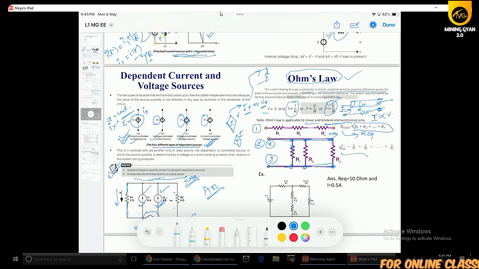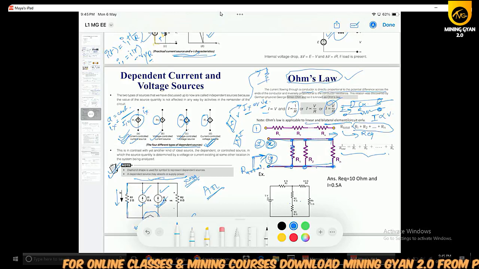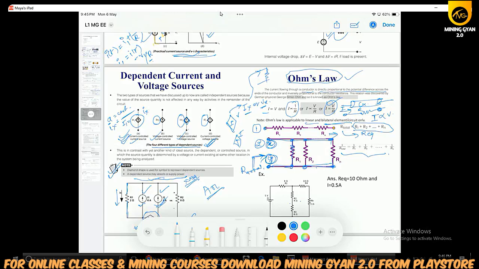How do we calculate the R equivalent of a given network? It is the equivalent resistance seen from these two terminals, X and Y. We can call these two points nodes. In series, the total equivalent resistance will be the summation of these resistances. But in case of a parallel circuit, we can calculate the total resistance by this formula.